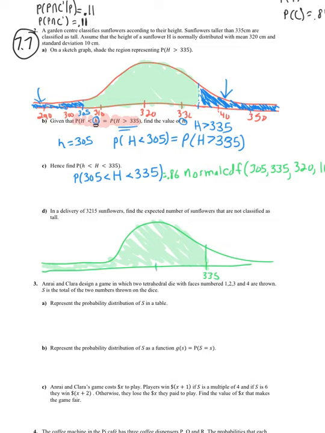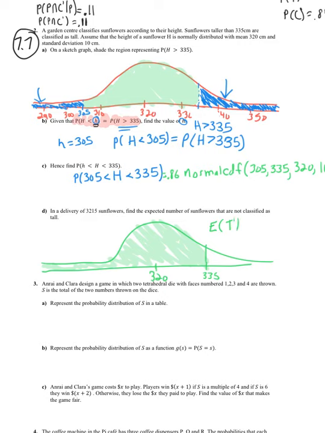There's our mean. So 3,215 sunflowers were delivered. What's the probability that they weren't classified as tall? Once we find the probability that they were less than 335, we multiply that probability by 3,215, and we'll get our expected value.